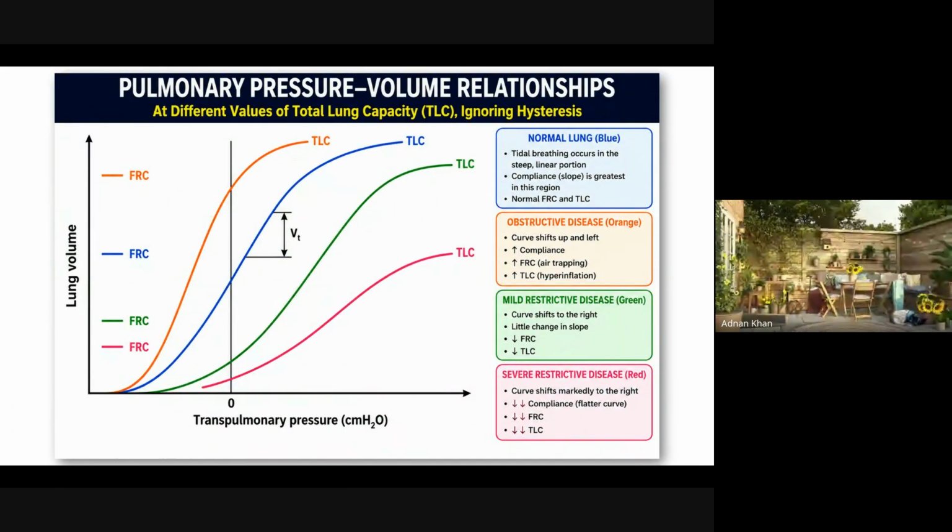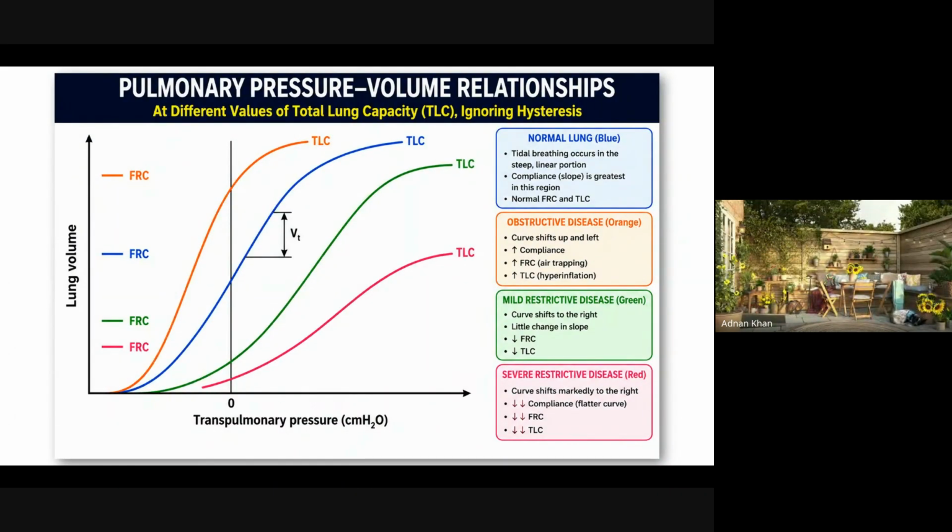Here we will talk about the pulmonary pressure and volume relationships. The x-axis represents the transpulmonary pressure, while the y-axis represents the lung volumes. The blue curve is the normal lung, reflecting the optimal compliance. It shows the normal functional residual capacity and the total lung capacity.